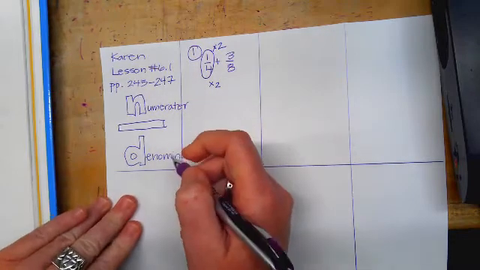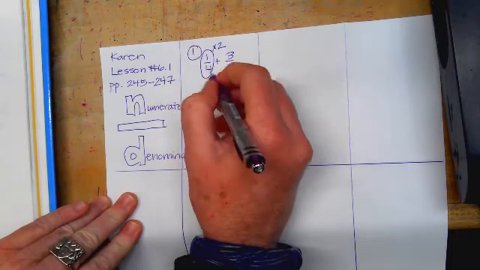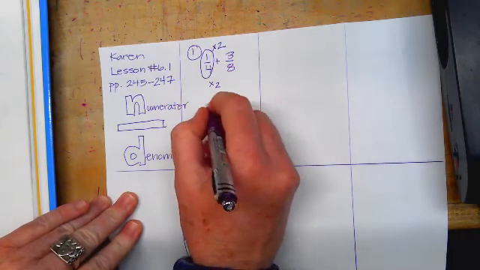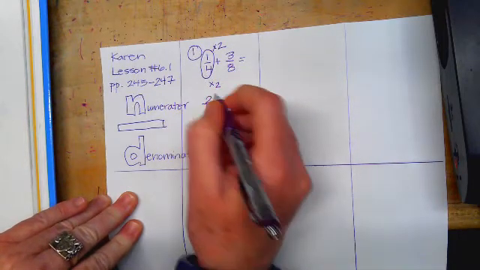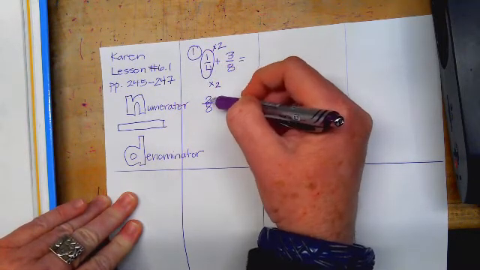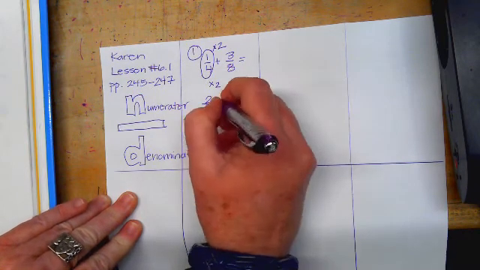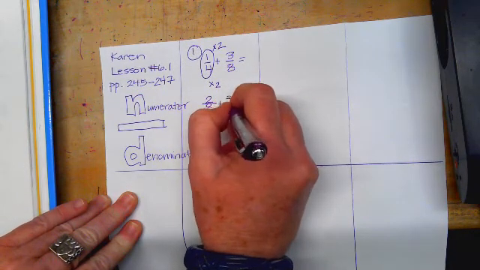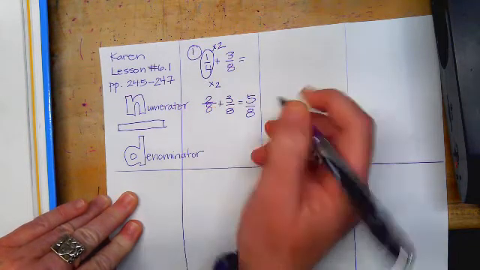If we do something to change the denominator, we have to do the same thing to the numerator. So that means that 4 times 2 is 8. And that means an equivalent fraction of 1/4 is 2/8. We multiplied the top by 2 and the bottom by 2. Now we can add. And we get 5/8.